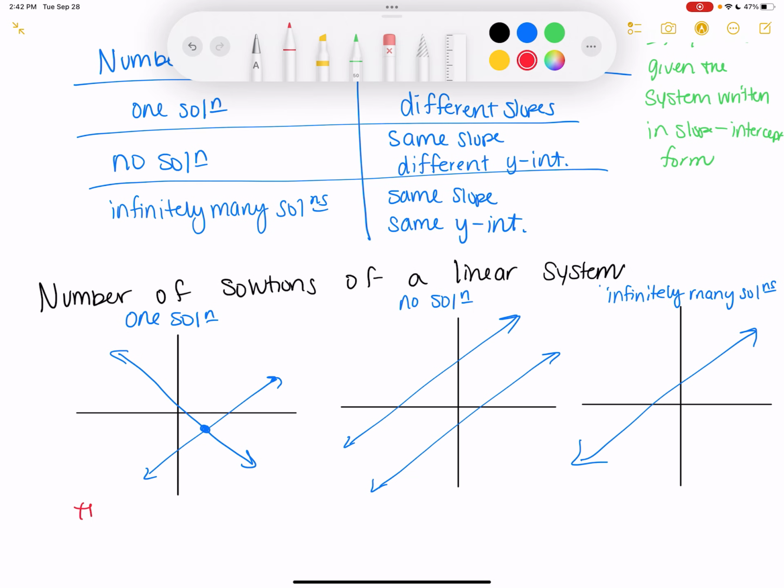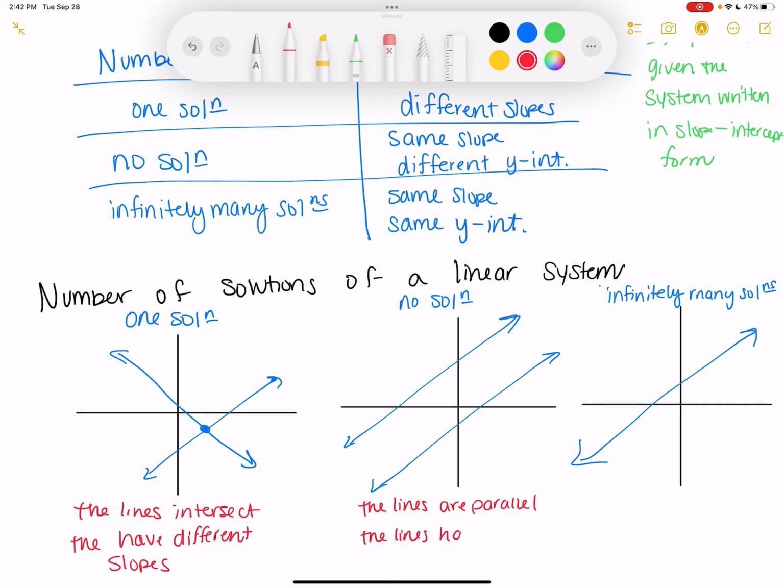In the first one, the lines intersect and have different slopes. In the second one, the lines are parallel: they have the same slope and different y-intercepts.